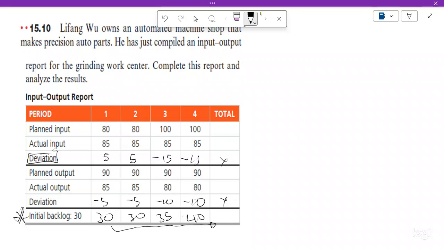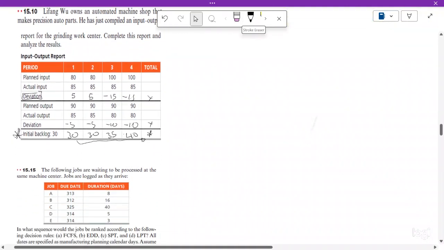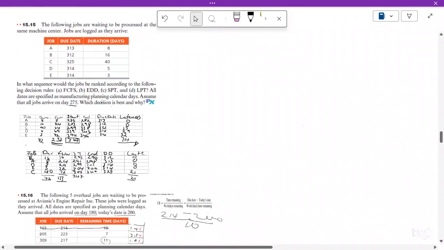Because I think we had the 30 already on the backlog, so it helps us to add. Then you do the total sums. This is what the book offered me. At this moment, I'm unable to explore these questions beyond my own capacity.